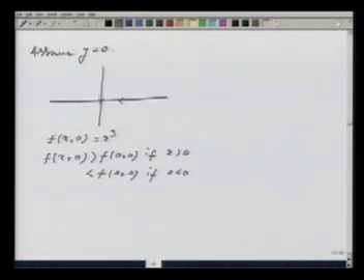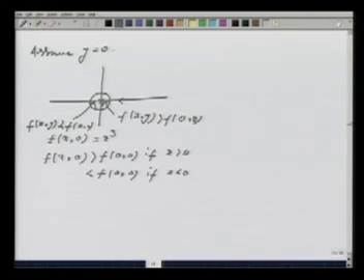That means if I am concentrating around any disk around (0, 0), then the points here give me f(x, y) bigger than f(0, 0). But if I am looking at points on the left hand side, then f(x, y) is less than f(0, 0).